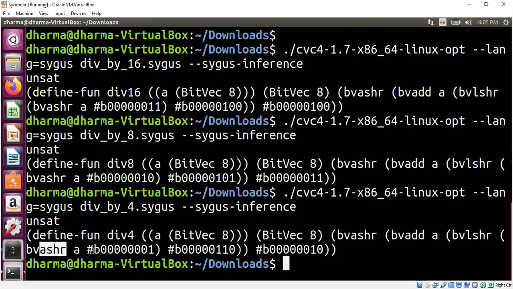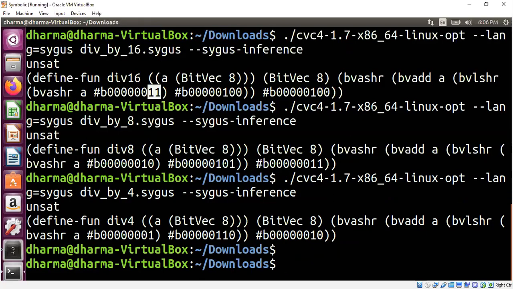The arithmetic right shift is just by 1 position when we divide by 4. When we divide by 8, it is 2 positions. When we divide by 16, it is 3 positions. So this is also generalizable. So what I'm trying to say is that we can actually get a general expression for division by 2 power k. That's basically what we learned.